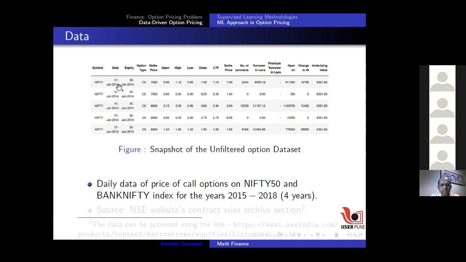So every day you have many such data points. One has to figure out which data to consider and how to consider it. You understand that there are so many parameters involved here, so what we are going to find out should also depend on these parameters like strike price, time to maturity, etc.